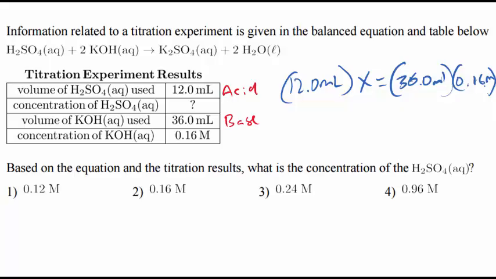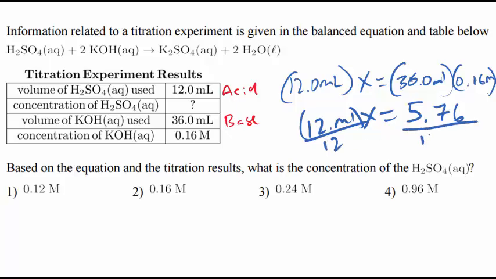So I'm going to multiply 36 times 0.16, and I get 5.76, and that is equal to x times 12 milliliters, right? Okay, so I'm going to divide both sides by 12, and I get x equals 0.48, and this is concentration, molar.